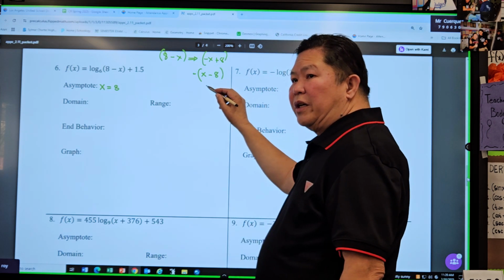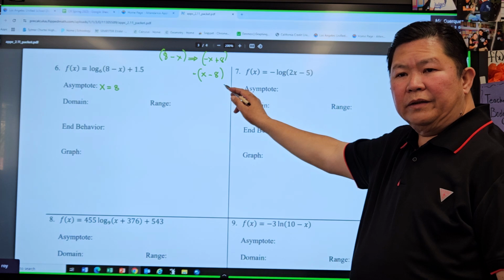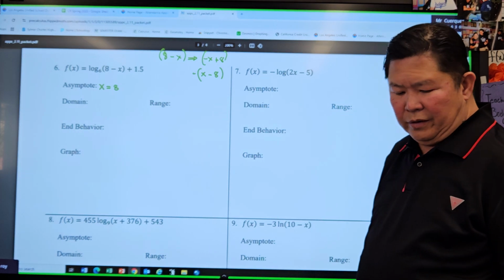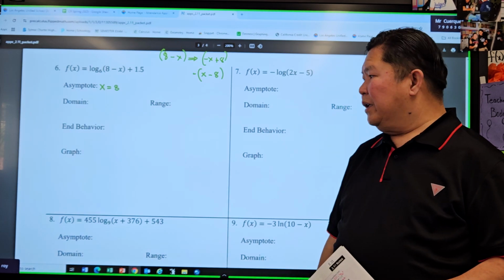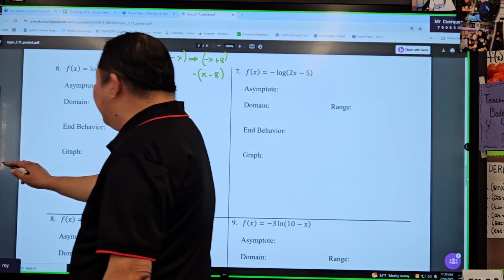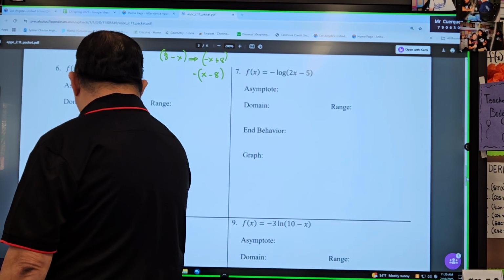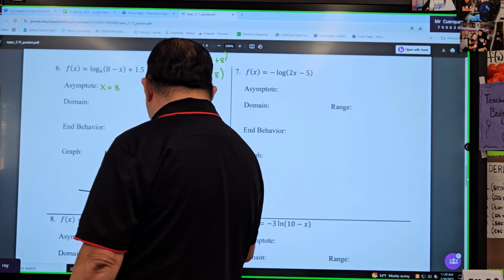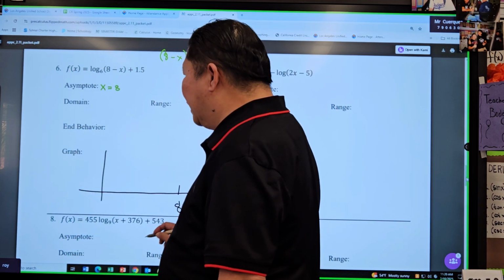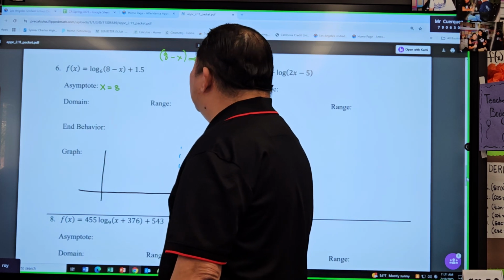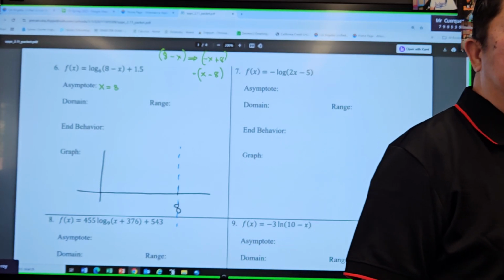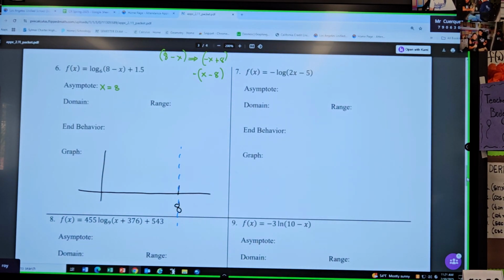So is the shift left or right? It's going to be right. That's the shift. How many units? 8 units. So if we graph this one, it's going to be right here at 8, and you have a vertical asymptote. Is that clear, guys? So the asymptote is x equals 8.